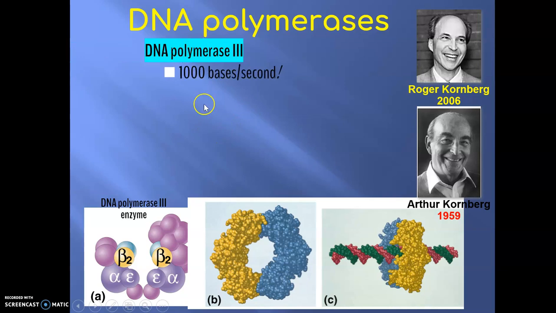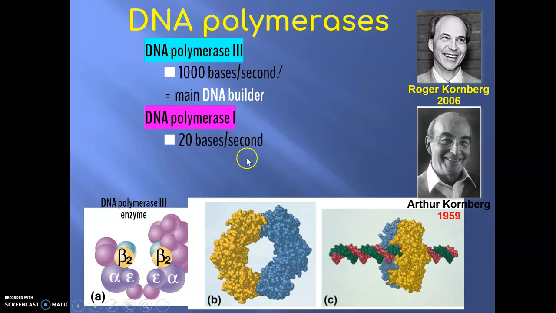DNA polymerase 3 adds on 1,000 bases per second, whereas DNA polymerase 1 adds about 20 bases per second. So DNA polymerase 3 is the main DNA builder because 1,000 bases per second is very, very efficient. DNA polymerase 1 is pretty much the editing, repair, and primer removal.